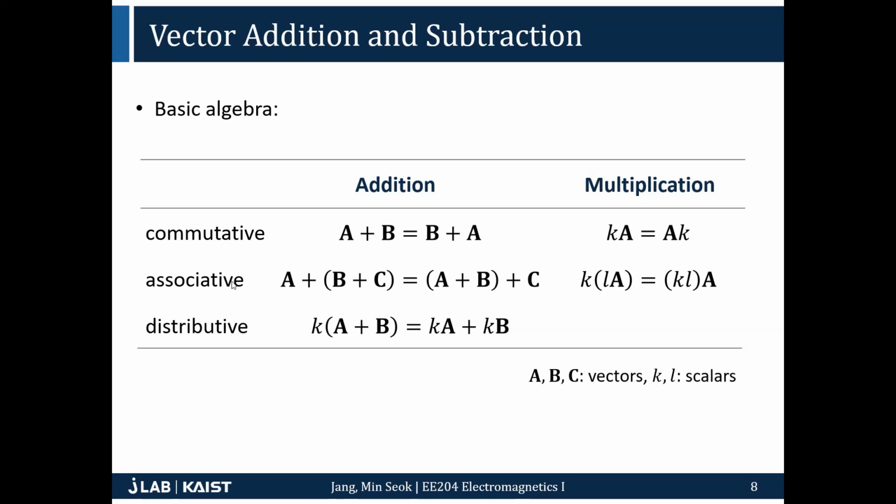And the distributive property is that if you multiply by K, then K just goes into both elements. The multiplication between a vector and a scalar is also commutative and associative.